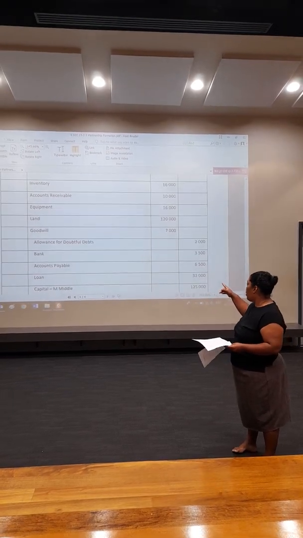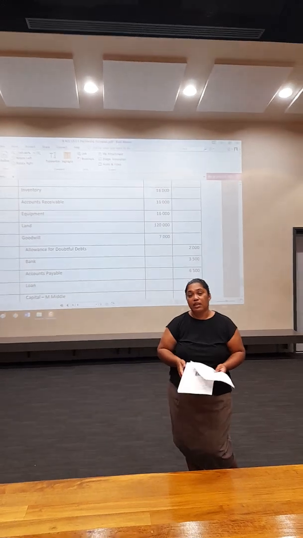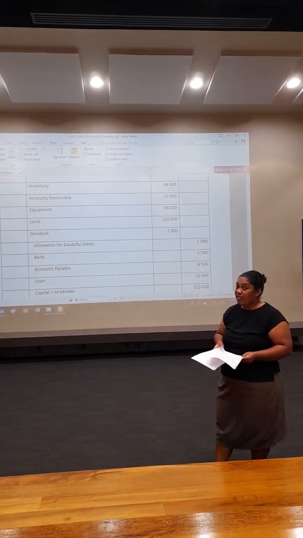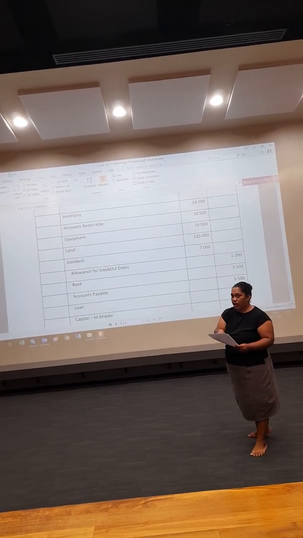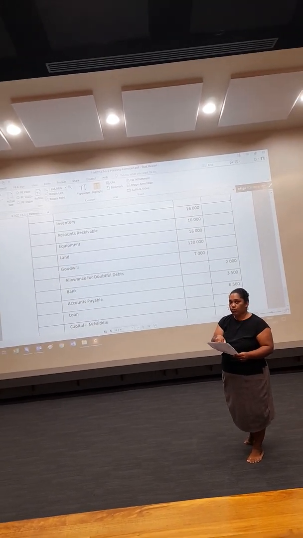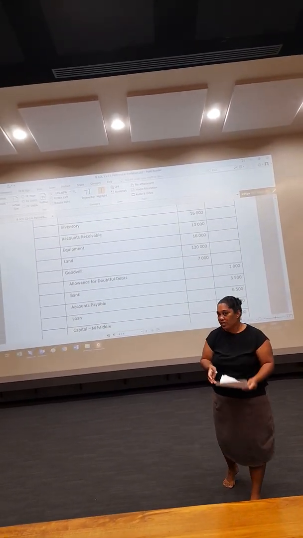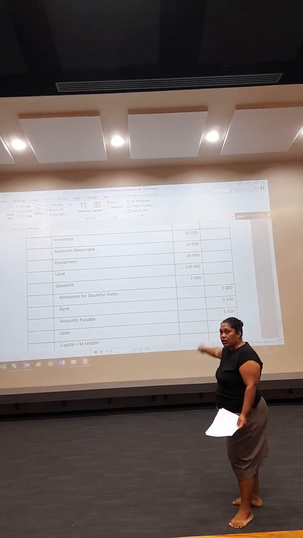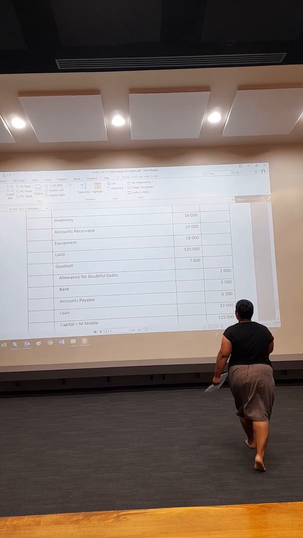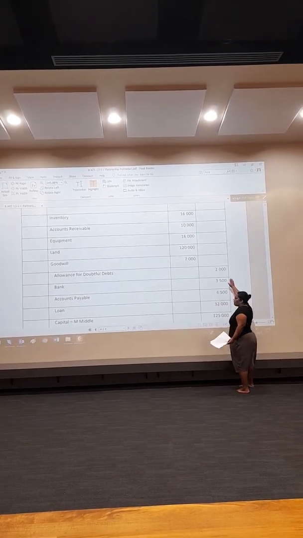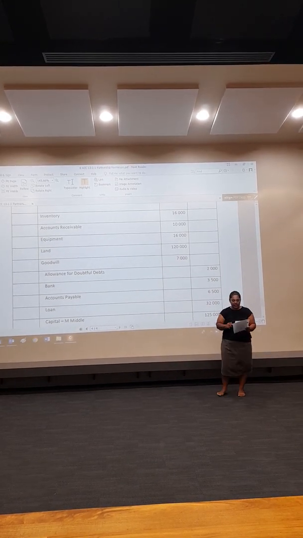But if you look, he's got a bank on the credit side, which means that's a liability, which means it's a bank overdraft. So what are the assets that he is bringing in? His inventory will be 16, not 18 as per the original. Then his accounts receivable, we always take the original, 10,000, but it's valued at 8. So to make it 8, the doubtful debts here is 2,000. 10 minus 2 is 8.